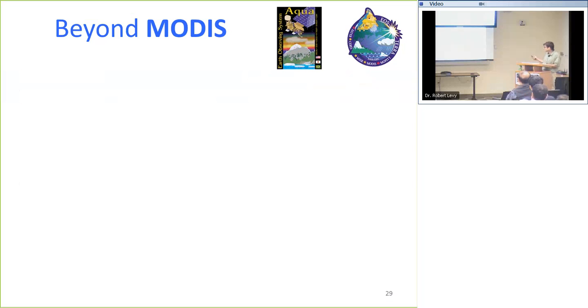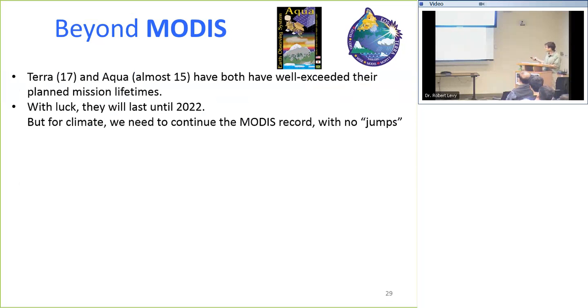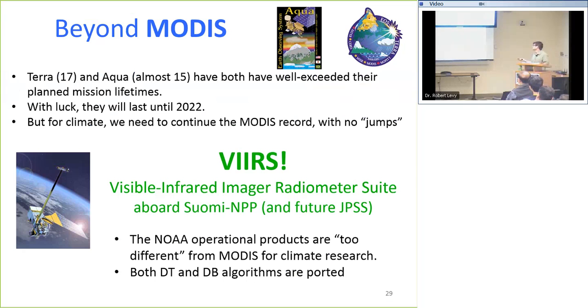So we've been looking beyond MODIS for a while, kind of hoping that MODIS won't go away, but it might. And actually, this is a little older. It's more than 17. So we're almost 18 years of Terra, and Aqua is almost 16. And so the thing we looked forward to was VIIRS. It's a NOAA-NASA joint work, but NOAA has been working with the algorithms.